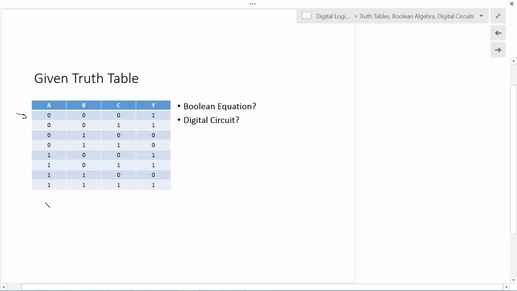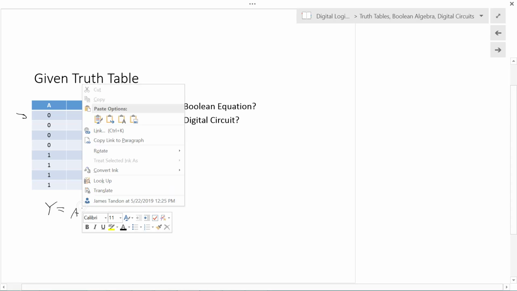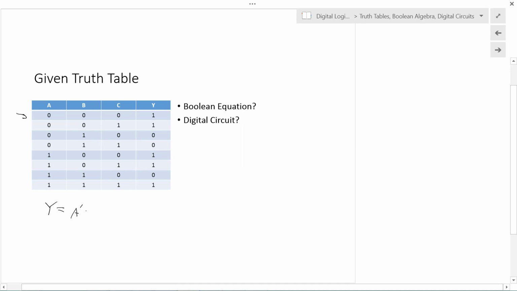So let's write that out. Y is equal to 1 if not A, and not B, and not C. Or A is equal to 0 (A prime), B is equal to 0, and C is equal to 1.